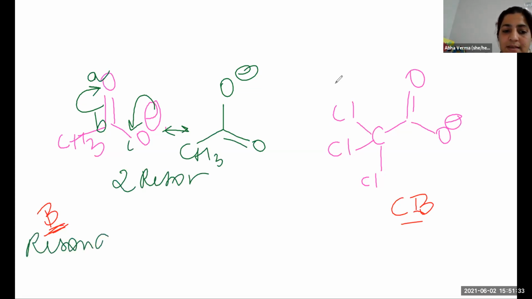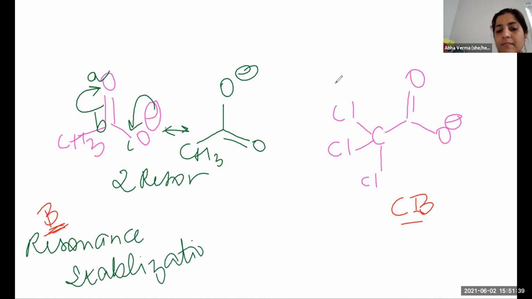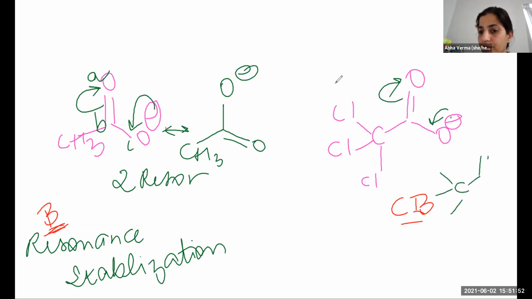So we say this is resonance stabilization. Okay. But on the other hand, if you look at the conjugate base, it has exactly similar resonance structure.